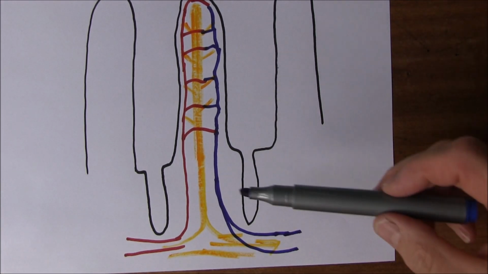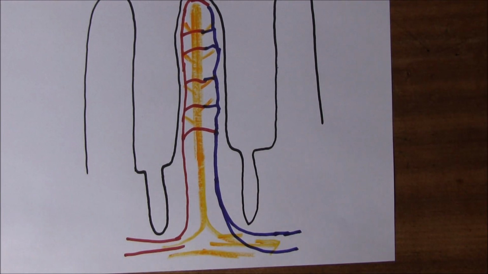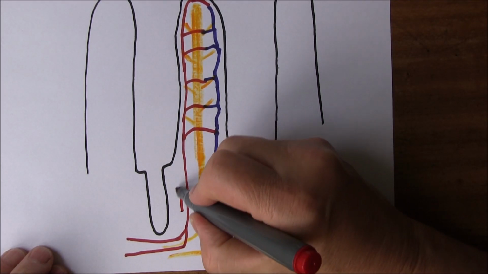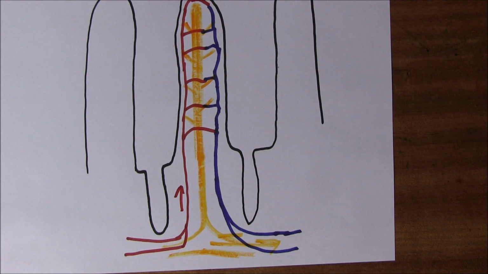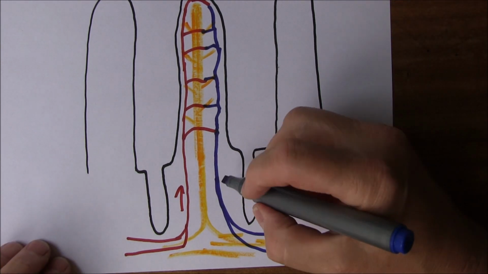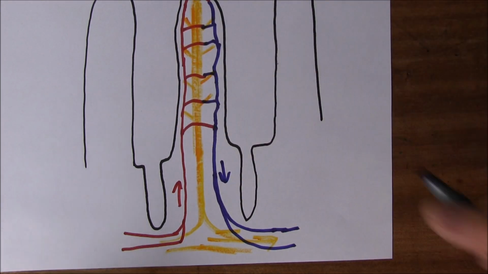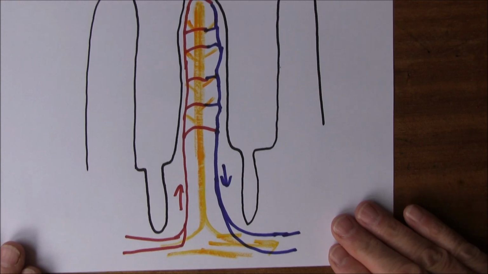So we have the lymphatic supply, we have the blood supply going in like this. We have the venous blood draining out, and we have the blind-ended lymphatic capillaries collecting lymphatic fluid and fat-soluble material.